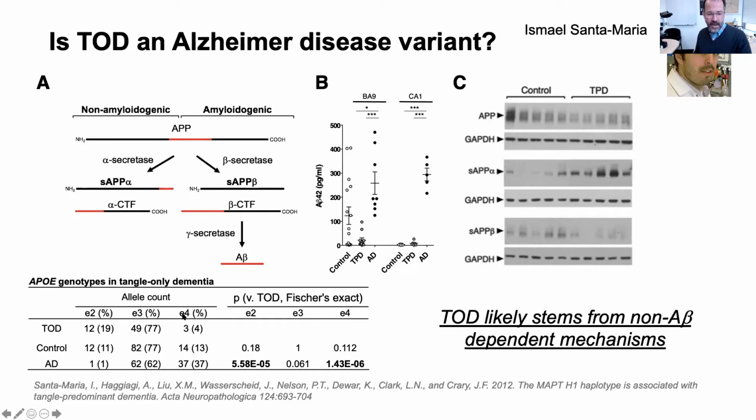Also, this ApoE allele that I alluded to before, which is so strongly correlated with Alzheimer's disease and amyloid deposition, was not correlated with tangle-only dementia in this first series of about 34 patients that we looked at. So we kind of concluded from this that this is not an A-beta dependent mechanism.